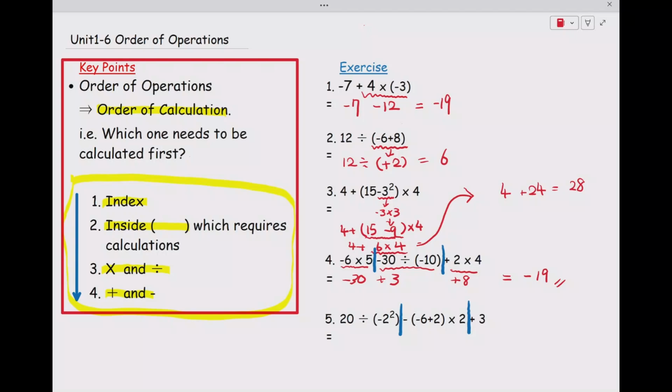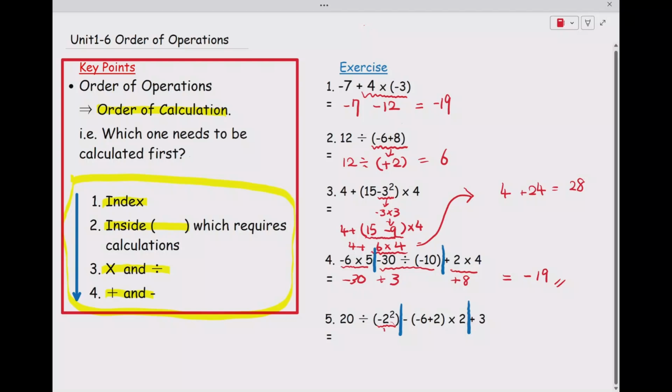Again, order of operations is: first, index; second, contents of the brackets that requires calculations; third, multiplications and divisions; and fourth, additions and subtractions. First, you need to calculate index. So, let's calculate bracket minus 2 to the second power.